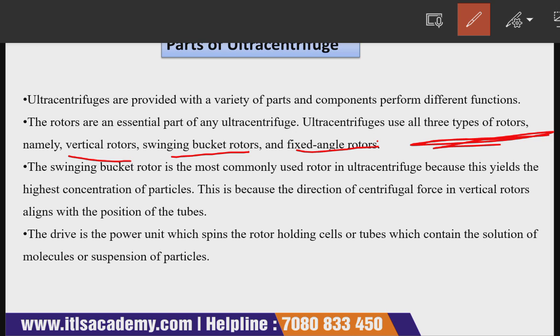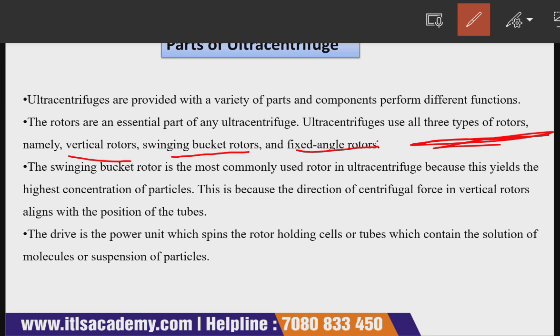If we talk about the swinging bucket rotor, it is the most commonly used rotor in ultracentrifuge. Why? Because this yields the highest concentration of particles.